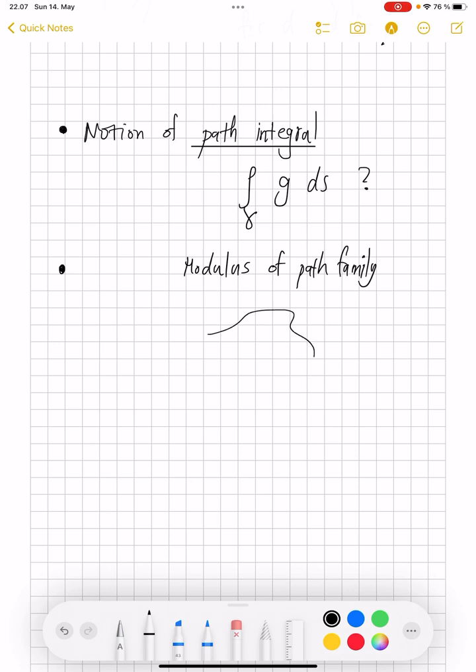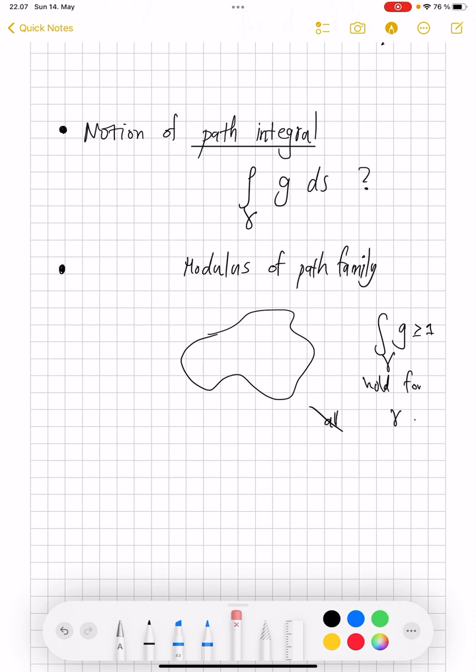So we will require some inequality, say for all gammas, but we also pardon a small collection of gammas. So we will say that this holds some property, let's say this is, I don't know, bigger than 1, holds for all rectifiable paths, but as often is the case with anything measure theory, we want to always allow negligible sets.